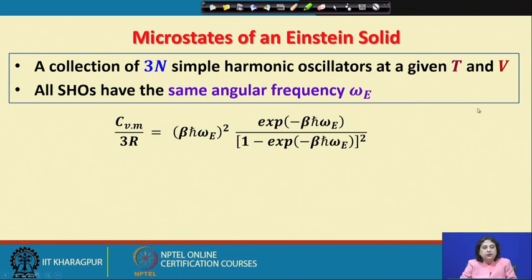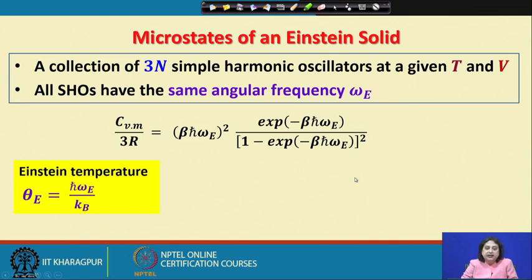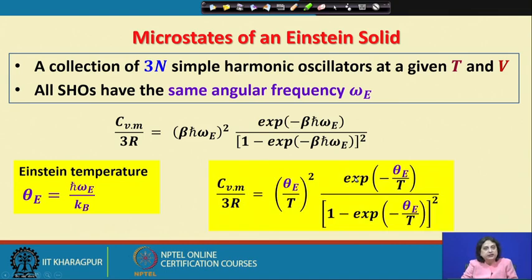So, accordingly, we used the Einstein model and the principles of canonical ensemble and found this expression for Cv. Now, introducing the Einstein temperature, what we found is Cv can be written entirely in terms of 3R, the Einstein temperature theta E, at a given temperature T.